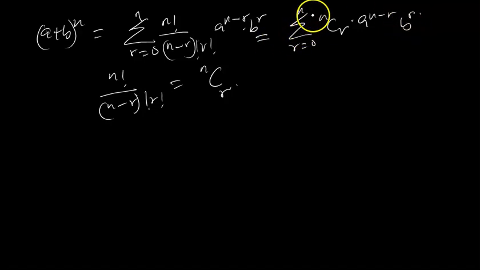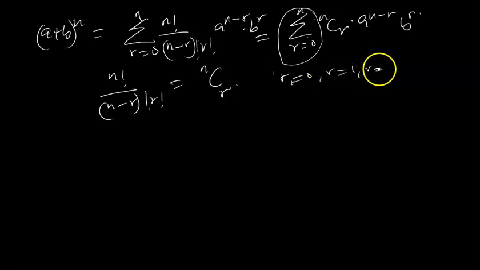Now let's expand this. Because this is the summation notation, we can remove it. You should understand that this summation notation implies that r will consider the case when r equals 0, r equals 1, r equals 2, up till r equals n.